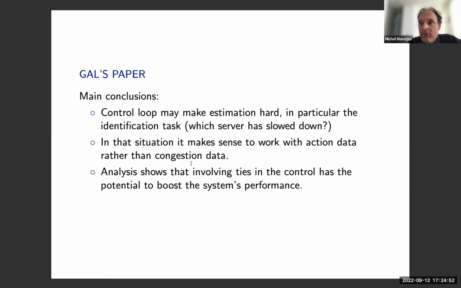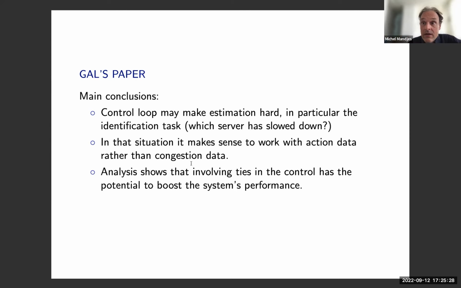So very briefly, what I feel are the main conclusions of Gal's work. In the first place, I think it's a very important conclusion that the control loop makes the estimation problem hard, in particular the identification task. So you could perhaps find out that one of the queues is slowing down, but to detect which one it is, that is harder.